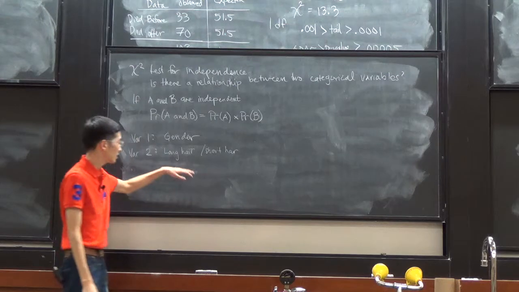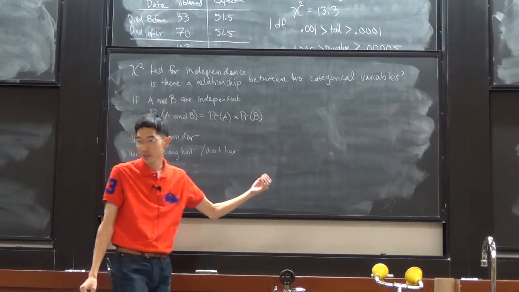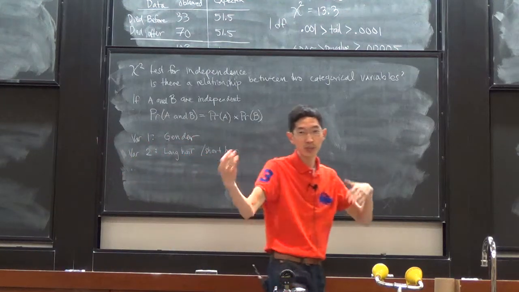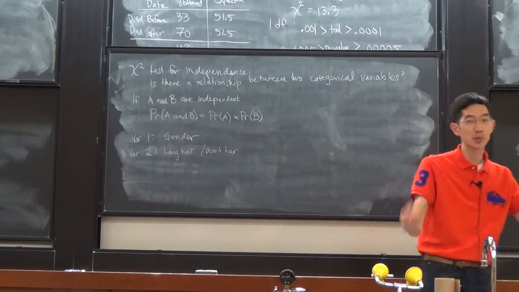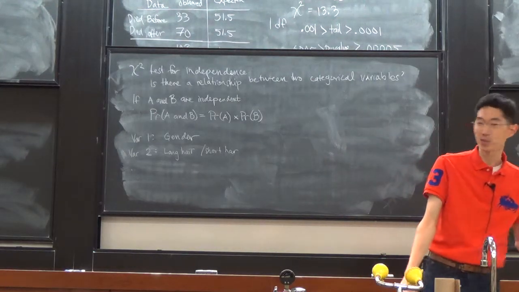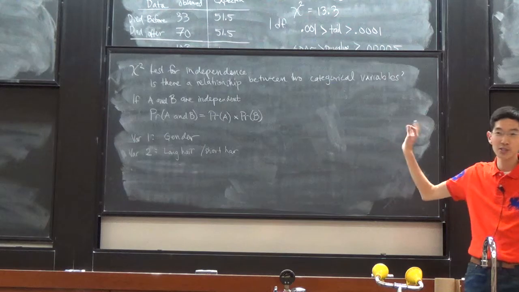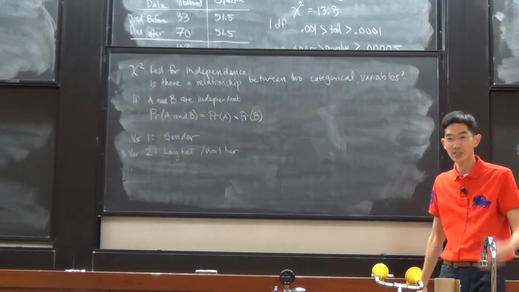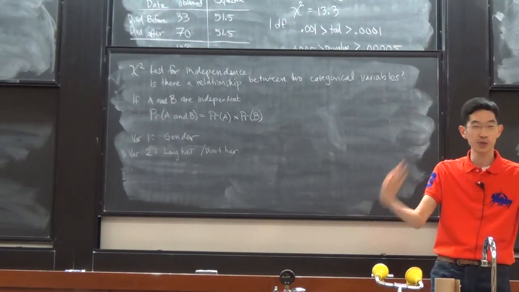Now, technically, the length of hair could be a numeric variable, and then we can ask whether there is a difference between the mean length of hair for males and females. But let's say we just turned it into a categorical variable. And we say, somebody has long hair or they have short hair.